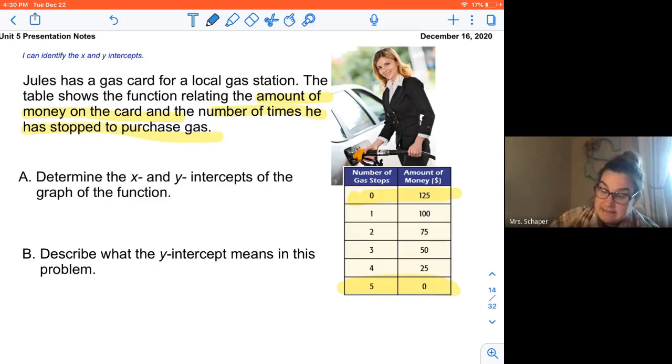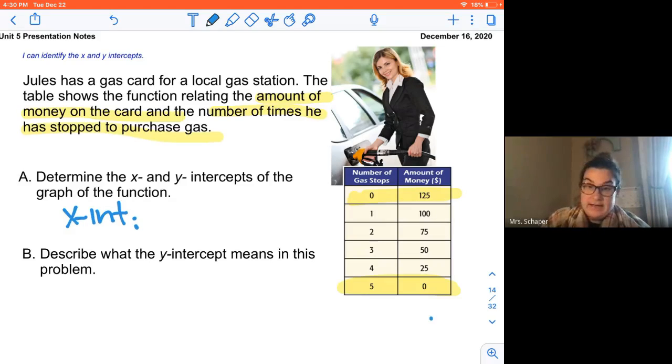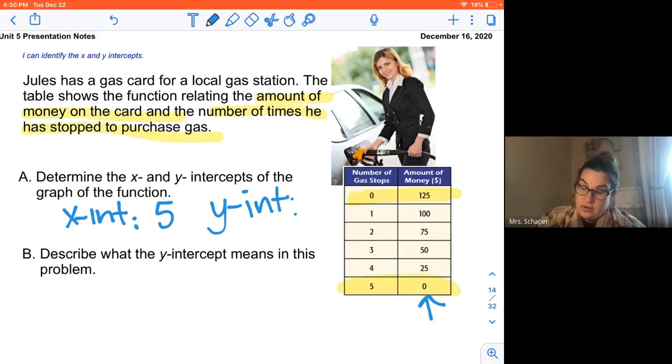So the x-intercept is going to be when y is 0. So y is 0 there, so my x-intercept is 5. My y-intercept is when x is 0, so 125 is my y-intercept. That's identifying what they are.